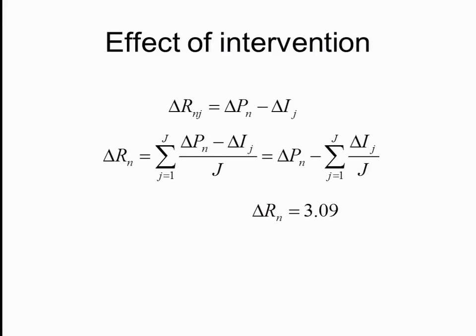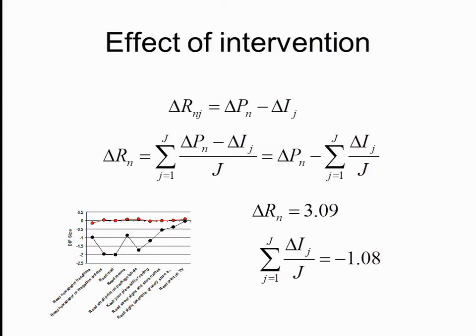We can calculate what the change in functional reserve was on average for this group, and it was about 3 logits. Using the DIF analysis, we can estimate that the average DIF was about 1 logit, that it got easier.